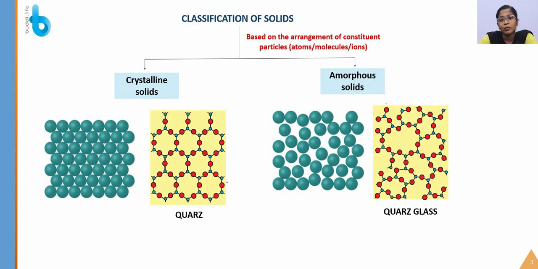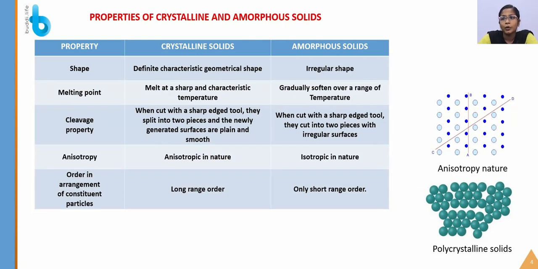Now let me discuss the properties or characterization of crystalline and amorphous solids. Crystalline solids have a definite characteristic geometric shape, whereas amorphous solids have an irregular shape. For the melting point, crystalline solids have a sharp melting point, whereas amorphous solids soften gradually over a range of temperature, because the particles are not arranged in a regular pattern, so there will be a wide range of temperature.